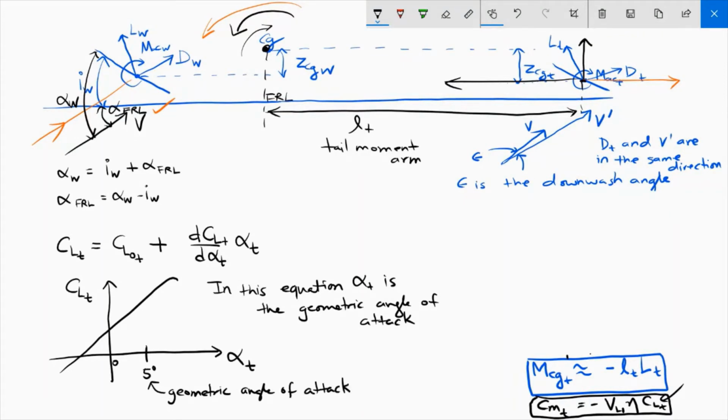But I could measure this angle relative to the zero lift angle of attack, right? This is the zero lift angle of attack. So if the value of this zero lift angle of attack is, let's say, minus 2 degrees relative to the origin, then this angle of attack, this one, will have a value of 7 degrees in terms of the absolute angle of attack, right?